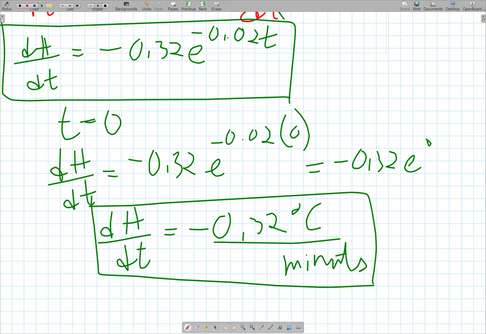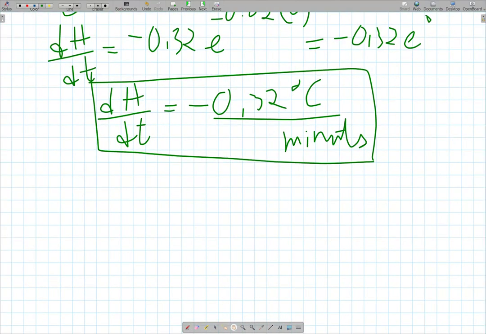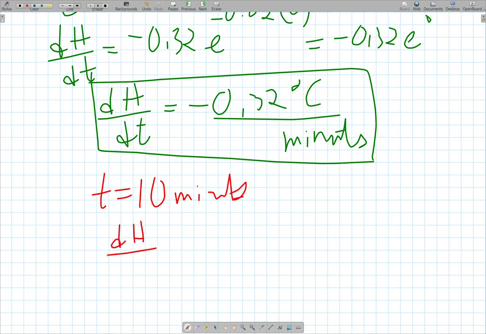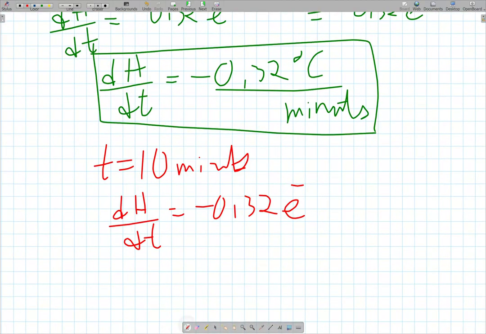And the other question, if T is after 10 minutes, so ibig sabihin, ang T natin is equals to 10 minutes, no? Right, so your dH over dt is equals to negative 0.32 e negative 0.02. Okay, so negative 0.02 times 10. Okay, using calculator.